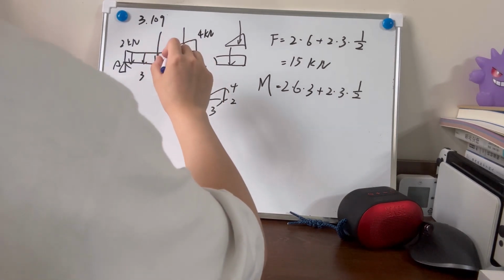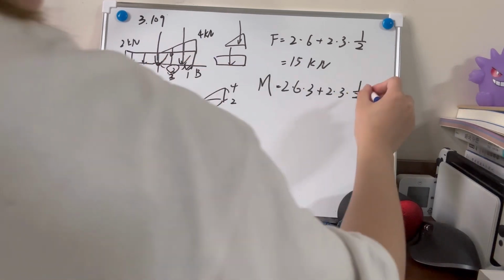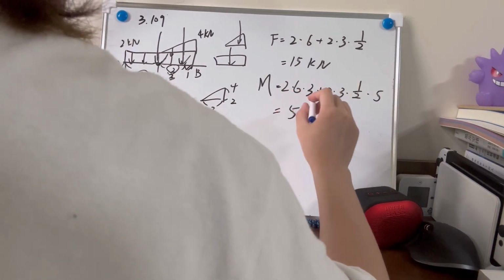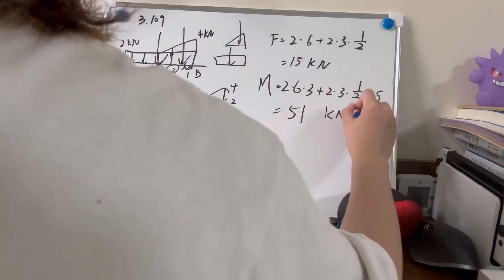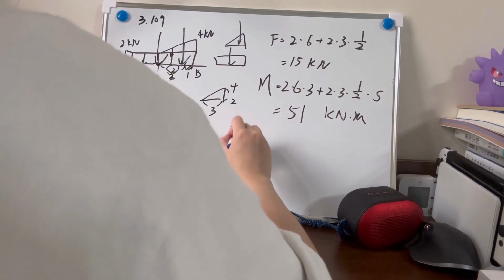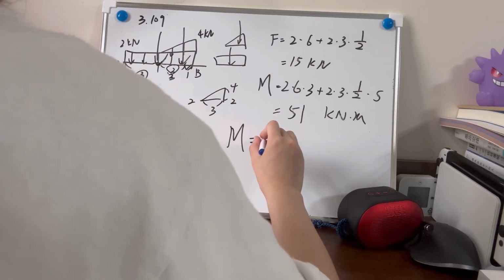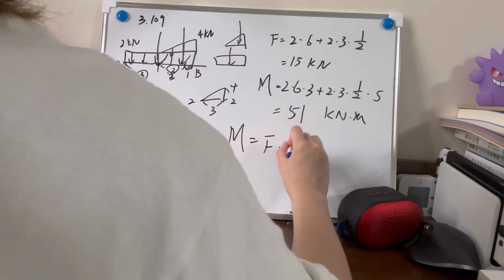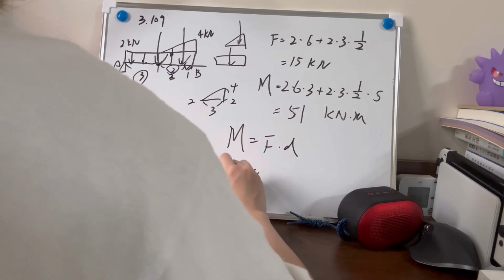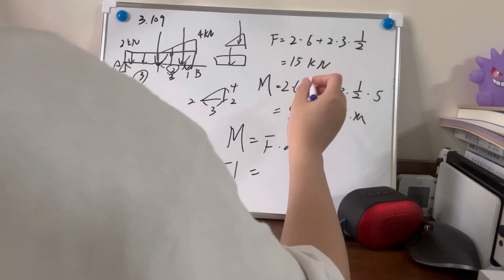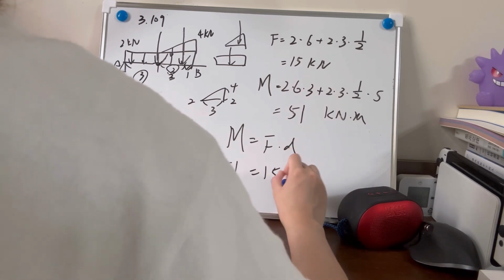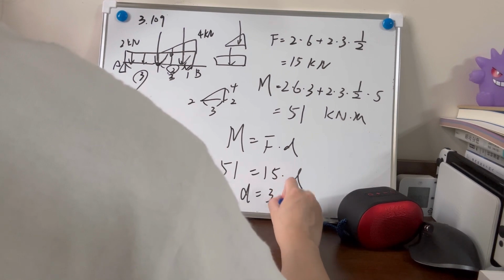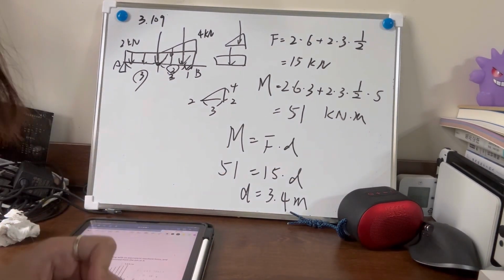So it's 2 plus 3, and it's 5. And the answer is 51 kN. And now the function moment is force times D, and we know that moment is 51 and the force is 50, and the D we can calculate is 3.4 m. That is the answer.